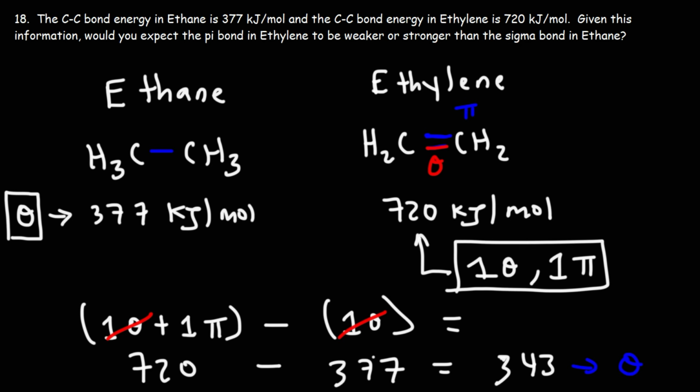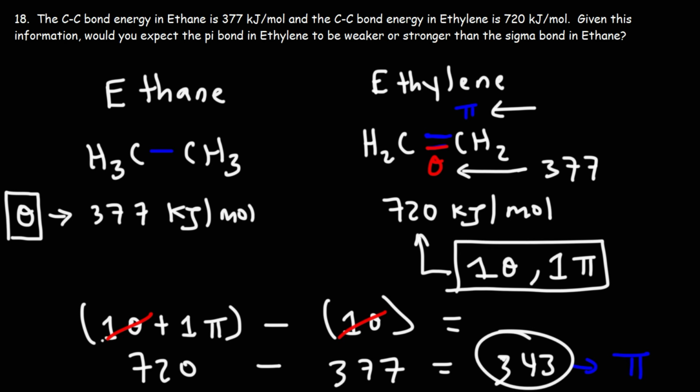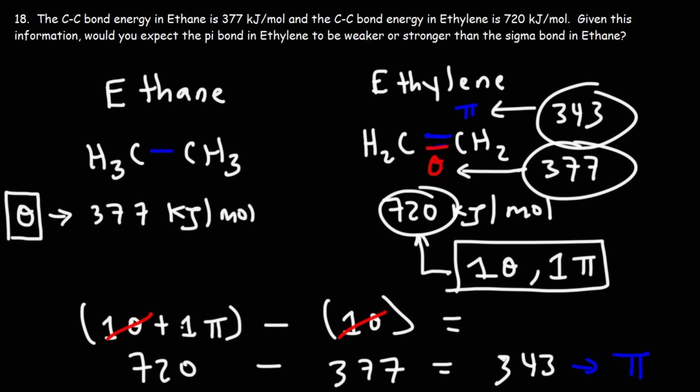The sigmas cancel, so I need to correct that. So let's assume that the sigma bonds have the same energy, approximately 377. This pi bond would have an estimated energy of 343, because these two numbers will add up to 720.